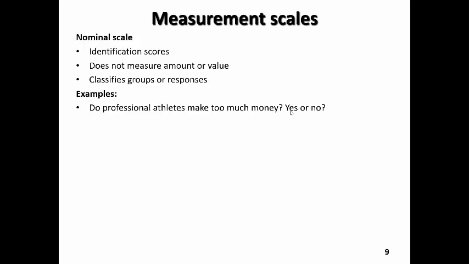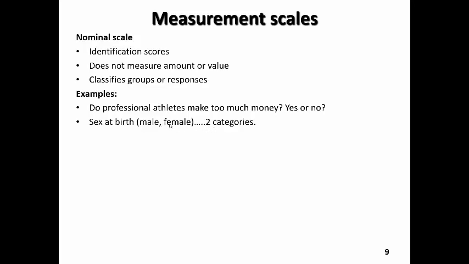And we see here that one outcome is no more valuable than the other. But what we're doing here is we're just quantifying, or at least classifying, the attitudes of the general public as to whether they think athletes make too much money. If we define sex at birth as male or female, that would have only two categories.